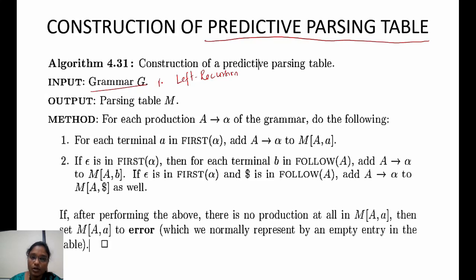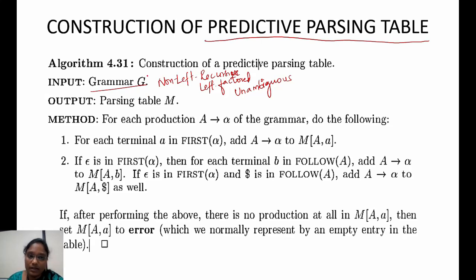It should be non-left recursive, left factored, and unambiguous. When the grammar satisfies these three conditions, we will be able to do the predictive parsing, that is the top down parsing method, successfully.